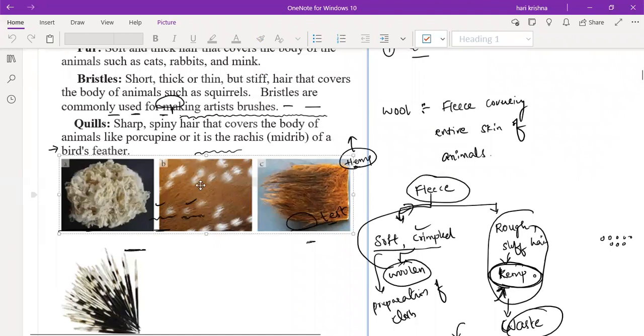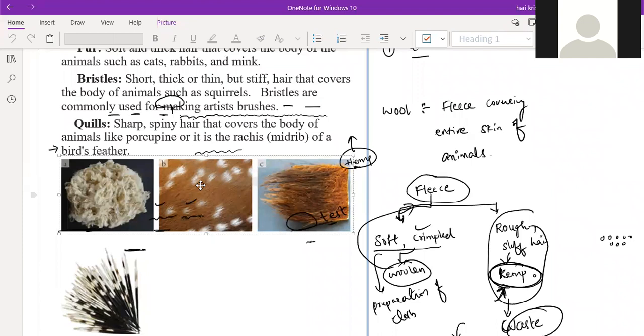So this also looks soft, but the hair will be different. Most commonly this type of hair comes from rabbits and the mink. We use this type of hair in the preparation of textiles, not exactly sweaters, but in other products.